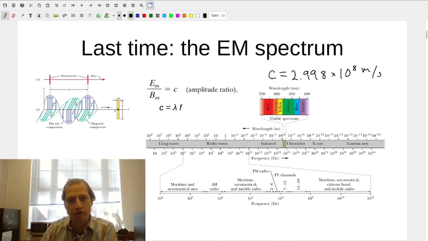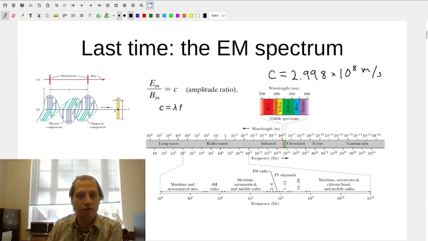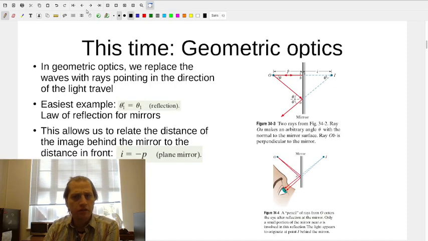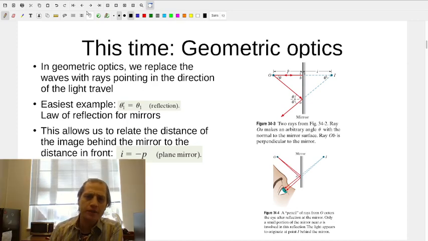You can have long waves on the order of the length of the Earth, or longer, and those have a long wavelength and very low frequency, or you can have gamma rays with a wavelength the width of an atomic nucleus, and those have a very, very high frequency. Now, today we're going to go in the opposite direction.